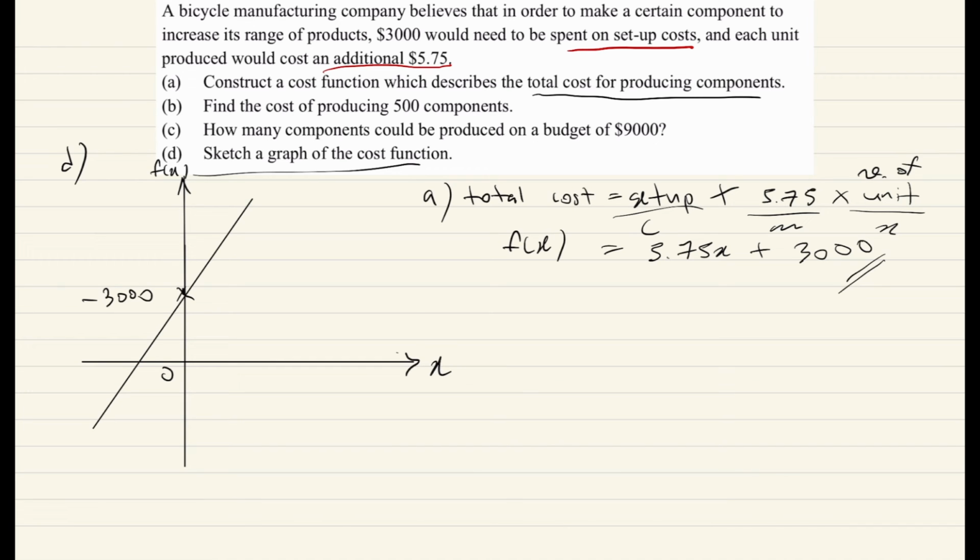That's one question. Now find the cost of producing 500 components. So if you remember how to use a function, we just have to input f of 500, and there you have it.